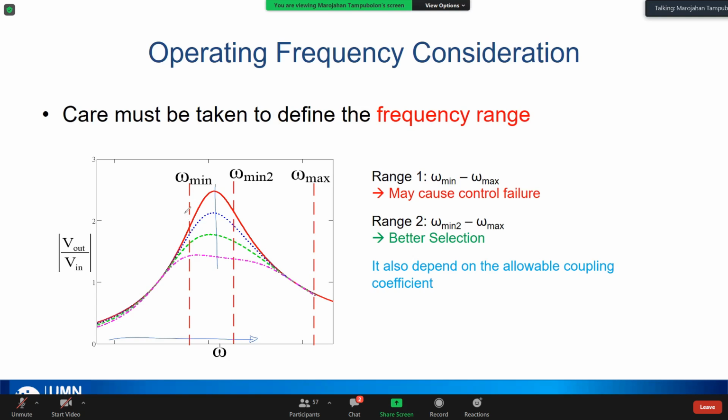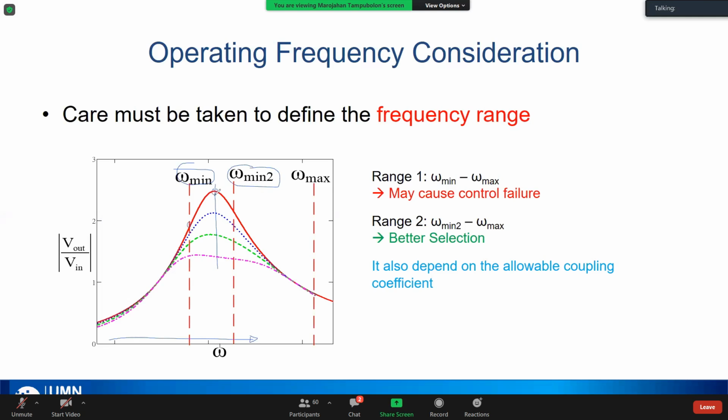If someone chooses between omega minimum to omega minimum 2 here, we'll have trouble, because when you use a controller at this point, for example, in a closed loop system, we start from here. The controller will be programmed to increase the frequency if the voltage is lower than the reference.